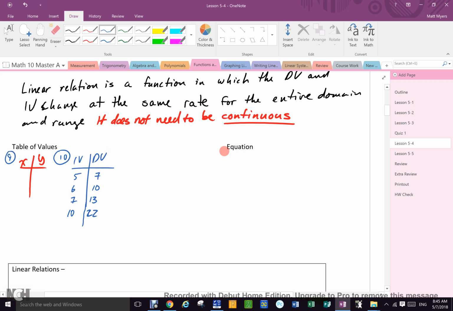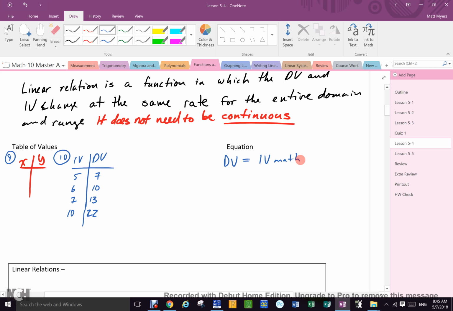This you might have touched on in grade 9. If you were in my grade 9 class, you did this part to death. All right? An equation of a linear relation always looks like this. Dependent variable equals the independent variable with some math.